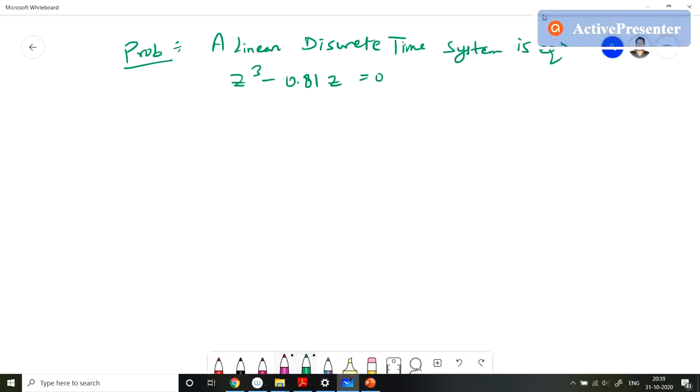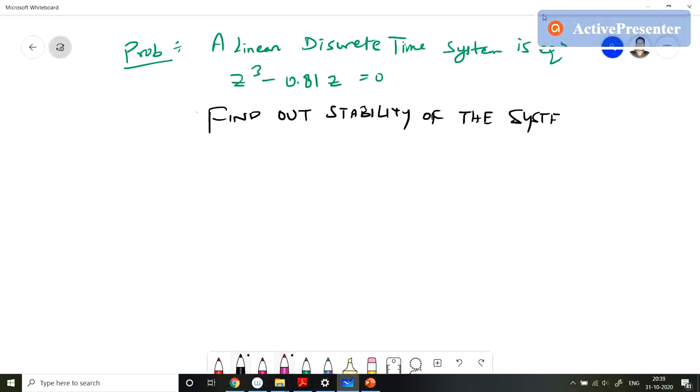Now we need to find out the stability of the system. The characteristic equation is z cube minus 0.81 z equals 0.